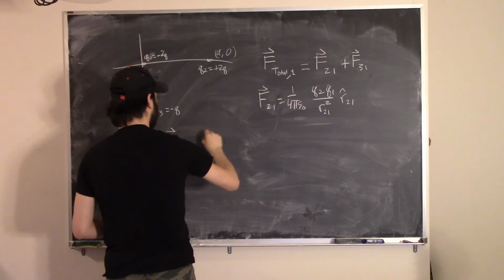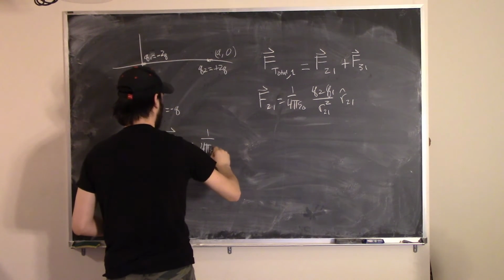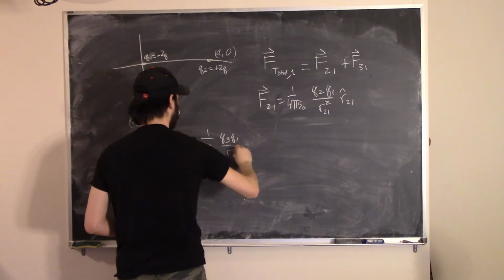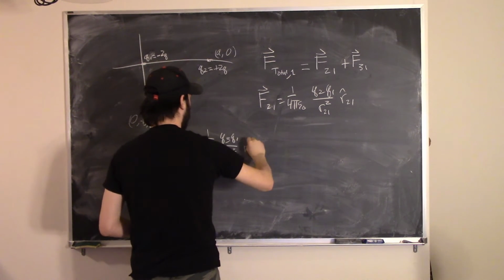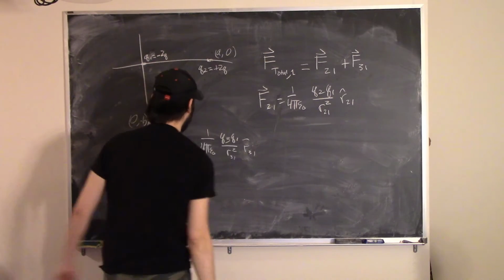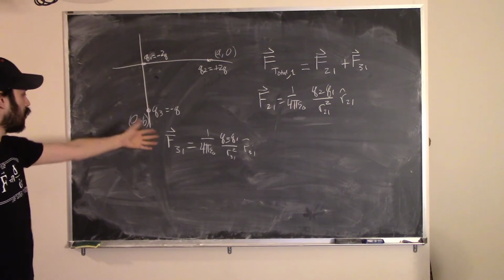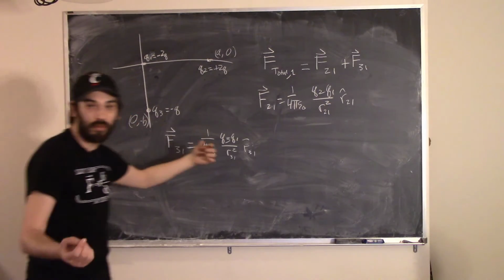F31 is going to be equal to 1 over 4 pi epsilon naught Q3 Q1 over R31 squared times R hat 31.